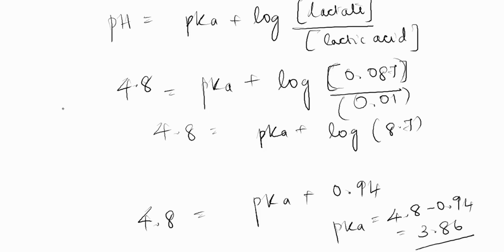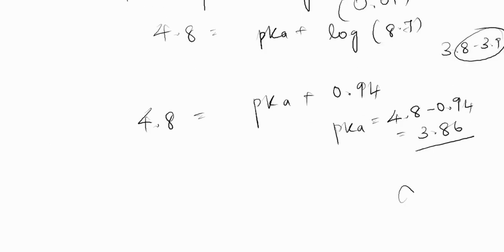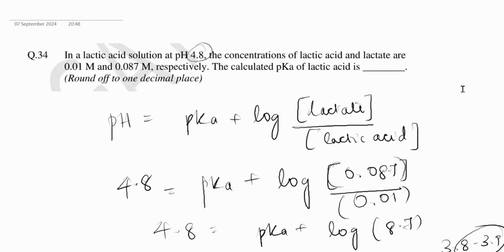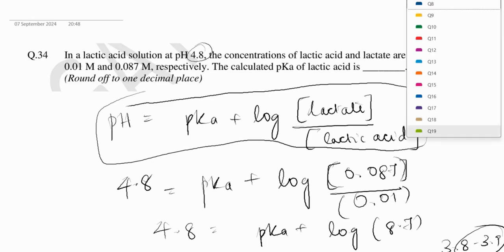So the accepted range in the answer key is 3.8 to 3.9, and they have asked to round it off to 1 decimal place, so I would round it off to 3.9. So you get a good score here if you know this particular equation, which is pH is equal to pKa plus log of salt by acid. Then it's an easy question. Moving on to the next question.